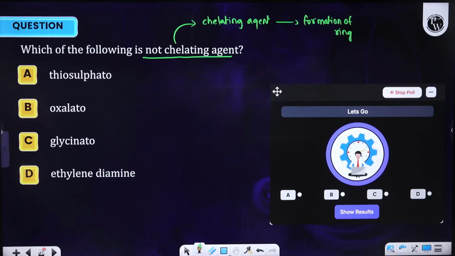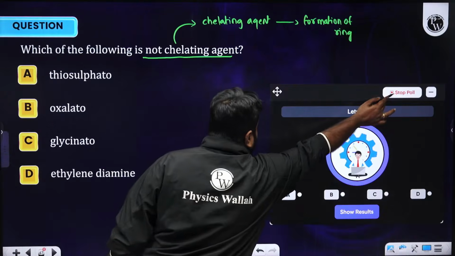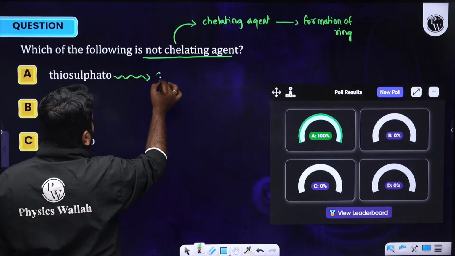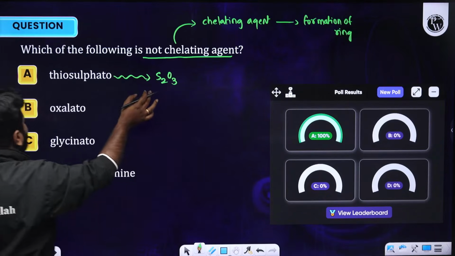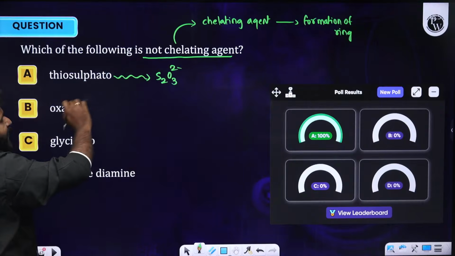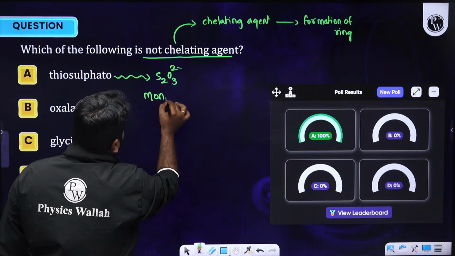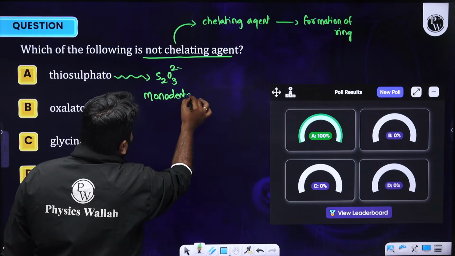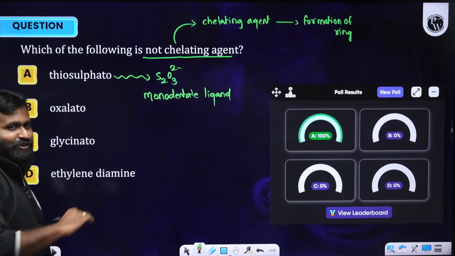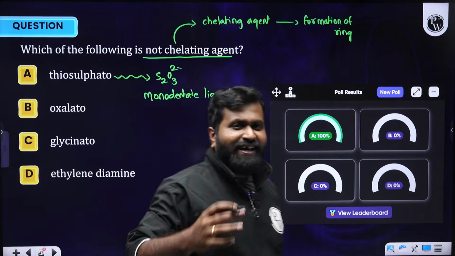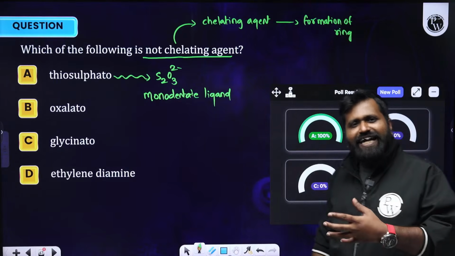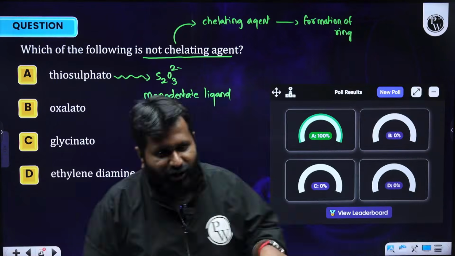A. Why A exactly? A is the correct answer. Why? Thiosulfato, S2O3 2-, is basically a monodentate ligand. Do you think ring formation is possible? If it is a monodentate ligand, ring formation is not at all possible.